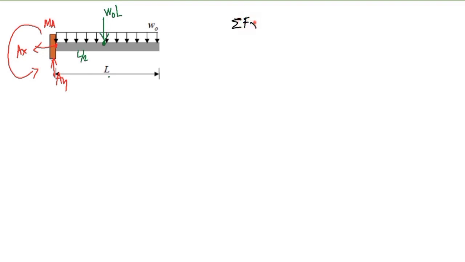summation of forces horizontal is equal to 0, taking the direction to the right as positive. And as you can see here, si AX ay wala namang kalaban, that is equal to 0. Summation of forces vertical is equal to 0, taking the upward direction as positive. No? And from here, we have AY assumed upward, that's positive, minus yung resultant ng ating load, which is WOL.